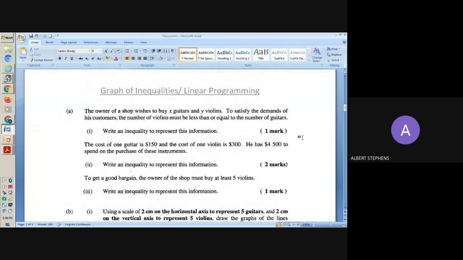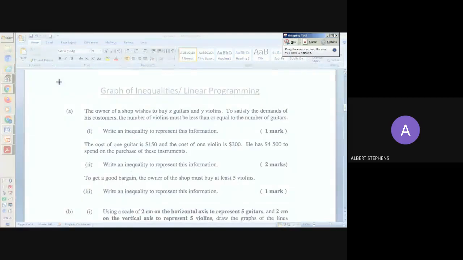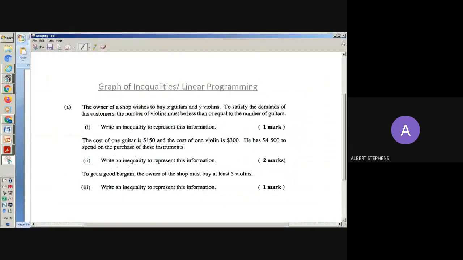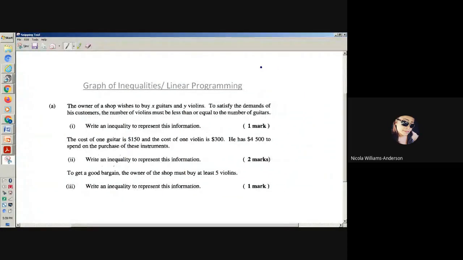Now, class, when I talk about inequalities, what signs are we talking about? We know about the equal sign, but what are inequalities? Could it be greater than, less than? Very good. Greater than or equal to, less than or equal to.